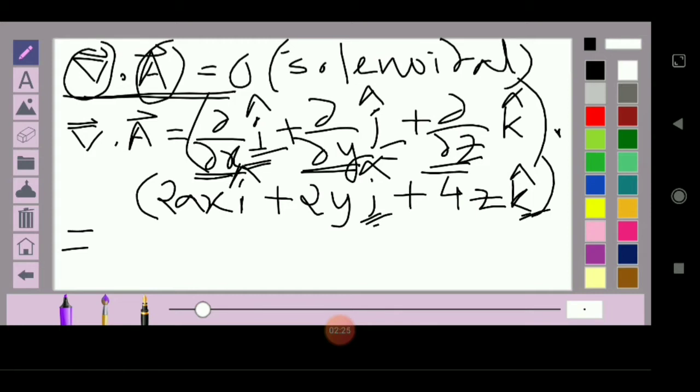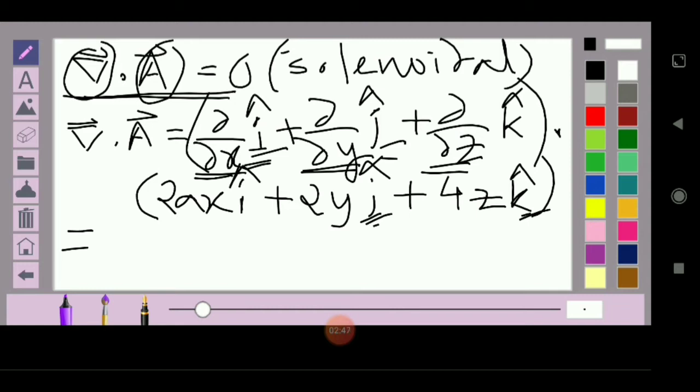For j hat dot k hat, it is jk cos theta, and the theta between j and k is 90 degrees, that's why it gives us 0. We already learned this in class 11 and 12. So i hat dot i hat only we will take.